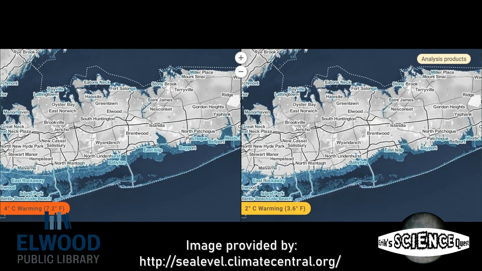If this were to happen, much of South Shore would be underwater, which is something to think about. But on longer timescales, glaciers advance and recede over millennia, and eventually, at some point, glaciation will take place again, and Long Island, as we know it today, will potentially be beneath the glacier. So yes in the short term, and also yes in the long term.